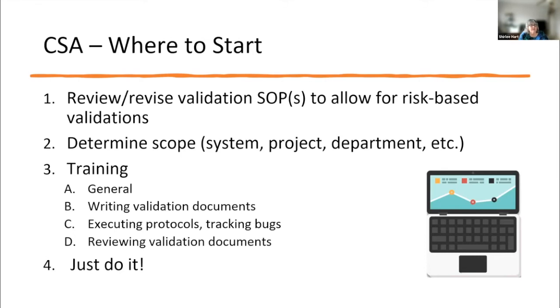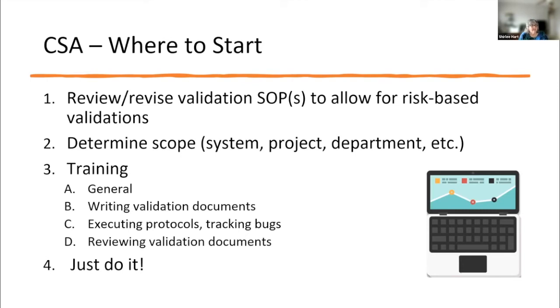But once you determine the scope, that will pick your system, your project, or department, whatever, and that limits it down to a smaller way to start. But the big key piece here would be training. You need to get people trained so that they understand what the approach means and how to write those validation documents and how to execute the protocols.